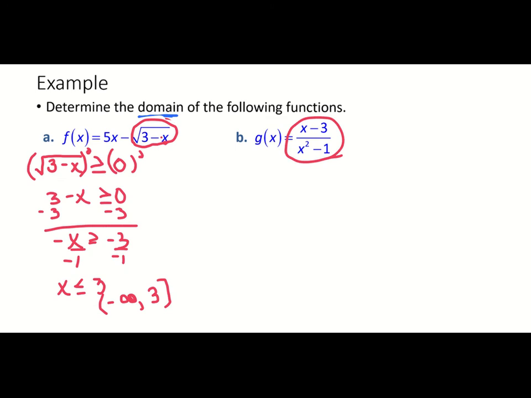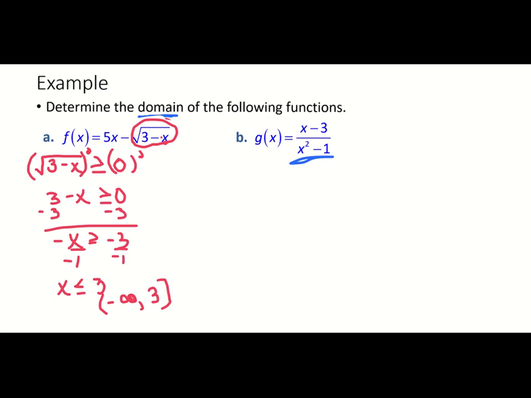All right, now, when you have a fraction, the big thing that we worry about is what do we know about fractions and what do we not like in our denominator? You're right, we can't have 0 in our denominator. So whenever I have a function where there's a variable in the denominator, you have to say, well, what values will make this equation true and what values will turn that bottom number into a 0.